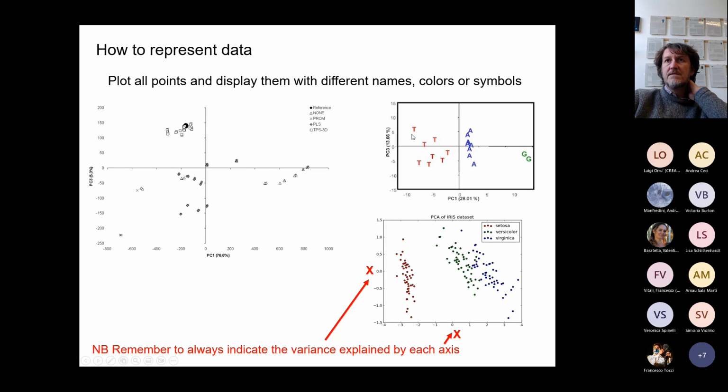Or you can use different colors and different letters, but be careful, please never forget to indicate the variance explained by each axis. This is quite a common error in publications that I often also review.